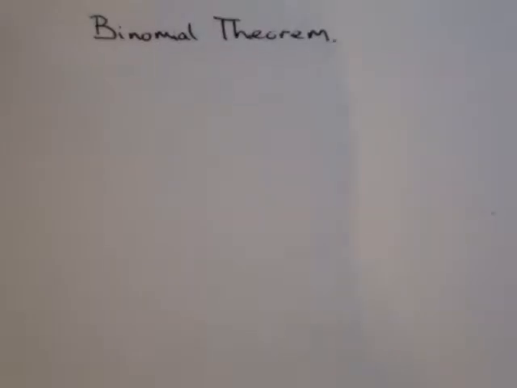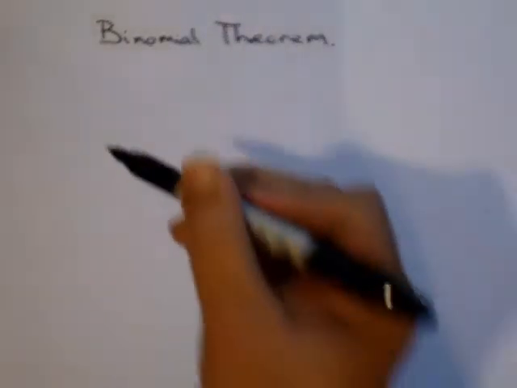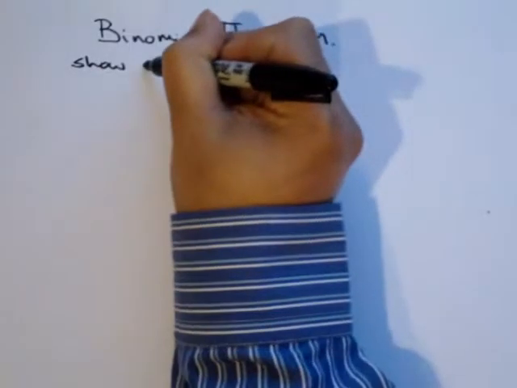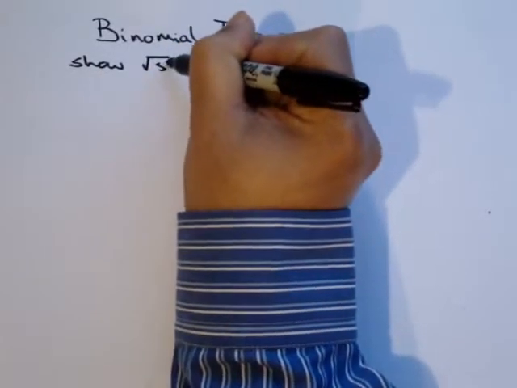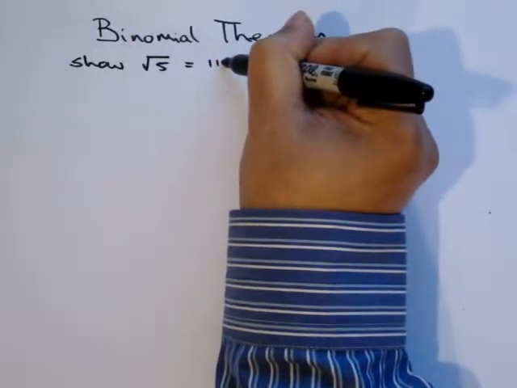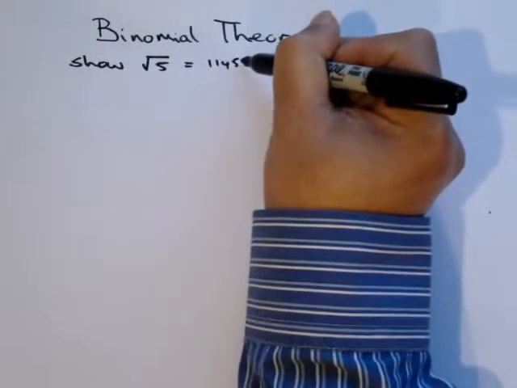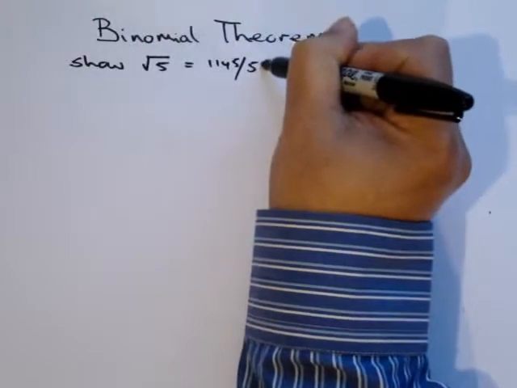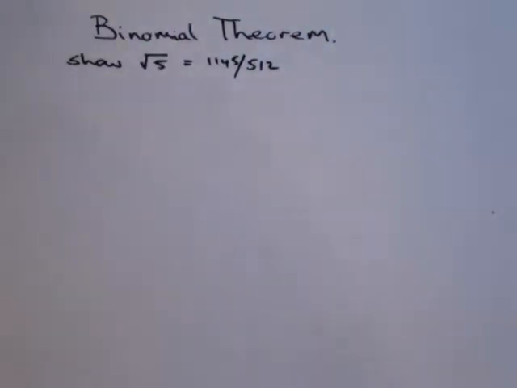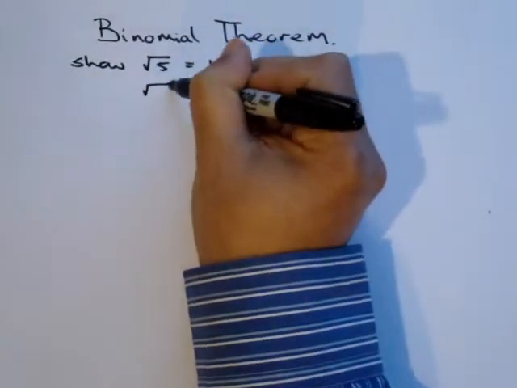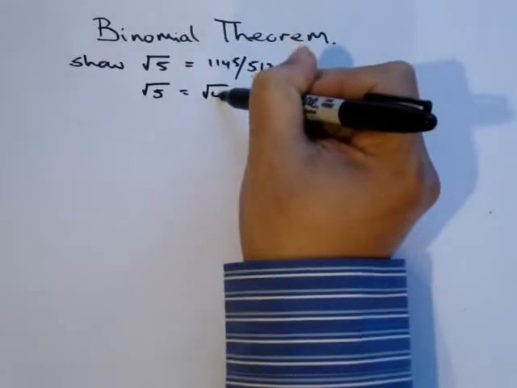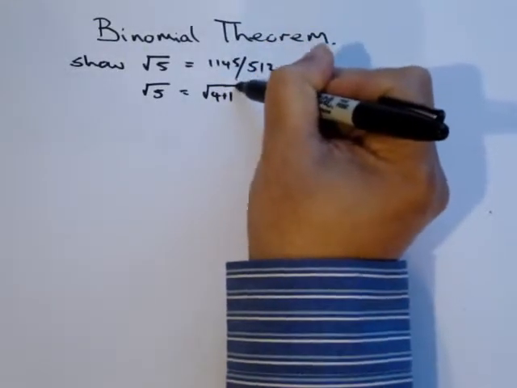In the next example, using the binomial theorem, we have to show that the square root of 5 is approximately 1145 divided by 512. So how do we do that? Well, first of all, the square root of 5 is actually the square root of 4 plus 1.